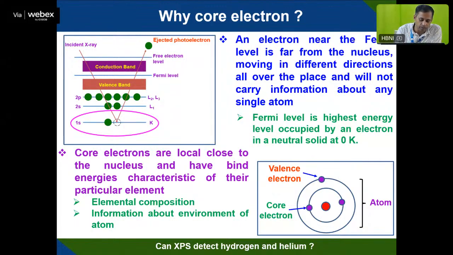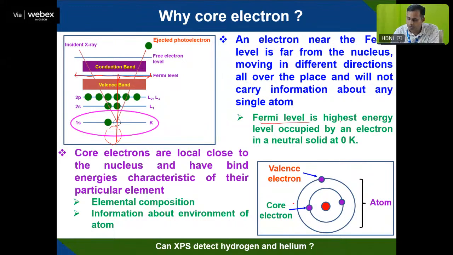Here is the valence band and the conduction band, and the Fermi level lies in between the conduction and valence bands. The nucleus is far in the inner side, and these valence electrons are very far away, moving randomly in every direction all over the place, and will not carry much information about the material or the atoms.